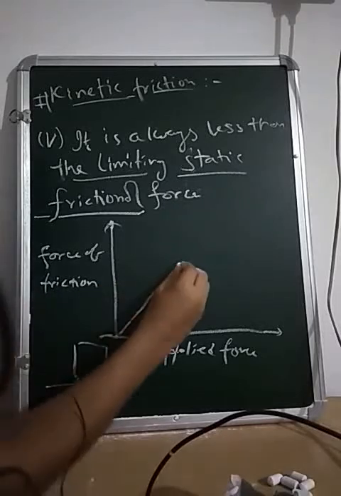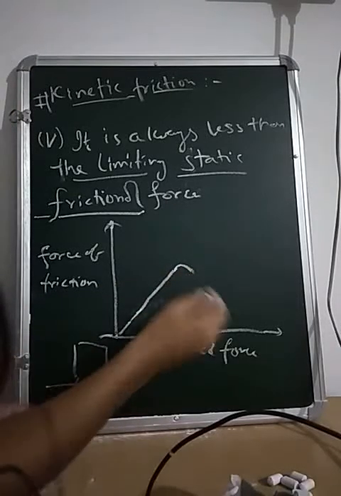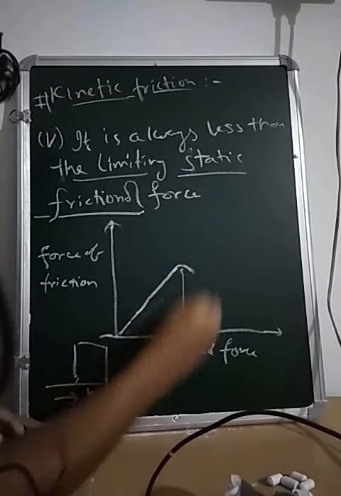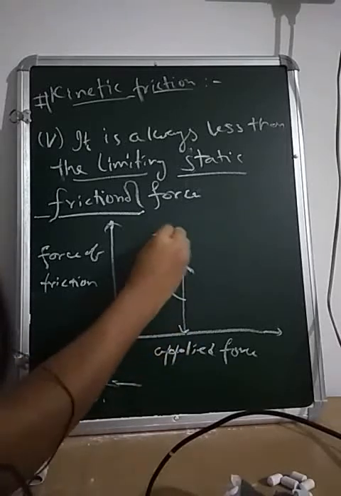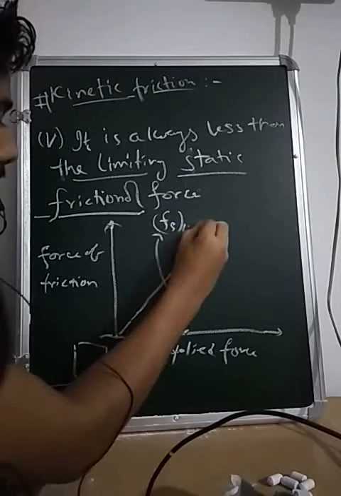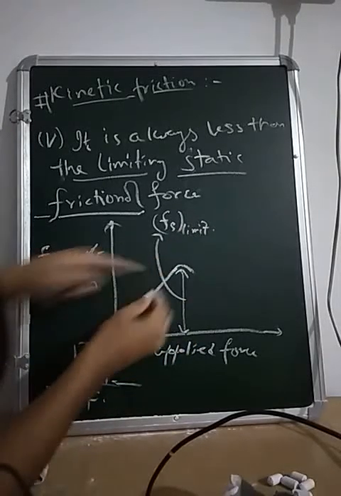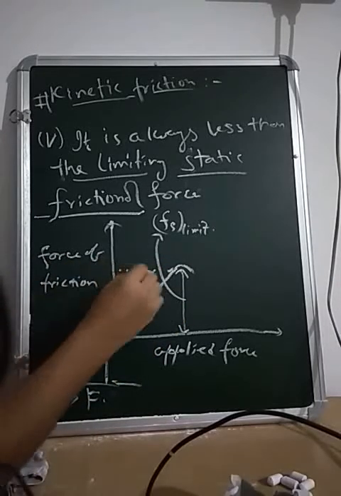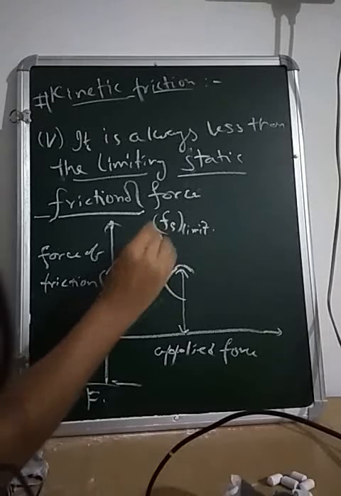And after that, what happens if we increase the force? This is the limiting value, Fs limit. This is the force of friction, and this is the limiting static frictional force.